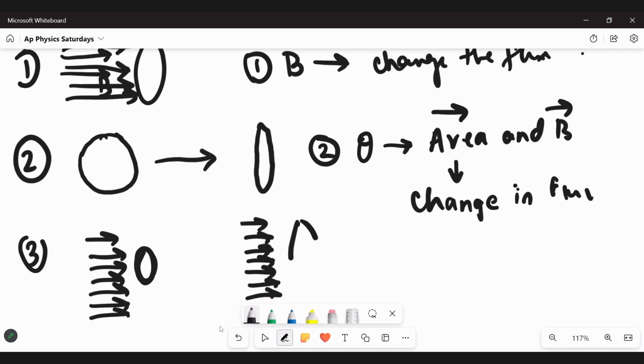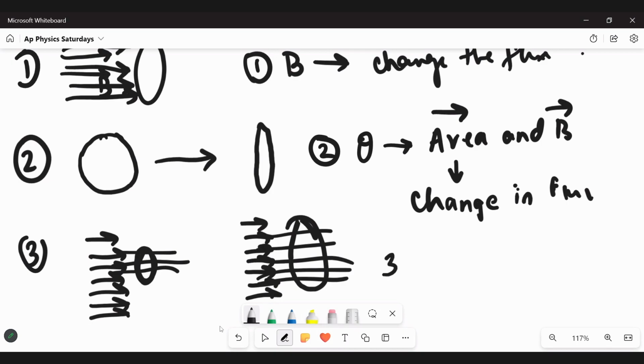Is there a change in flux or no? If I change the area, more lines will pass through it. If the area is small, only a few lines will be able to pass through it. So if I change the area of the coil, the magnetic flux will change, correct? Bigger area, more flux. Less area, less flux, right?